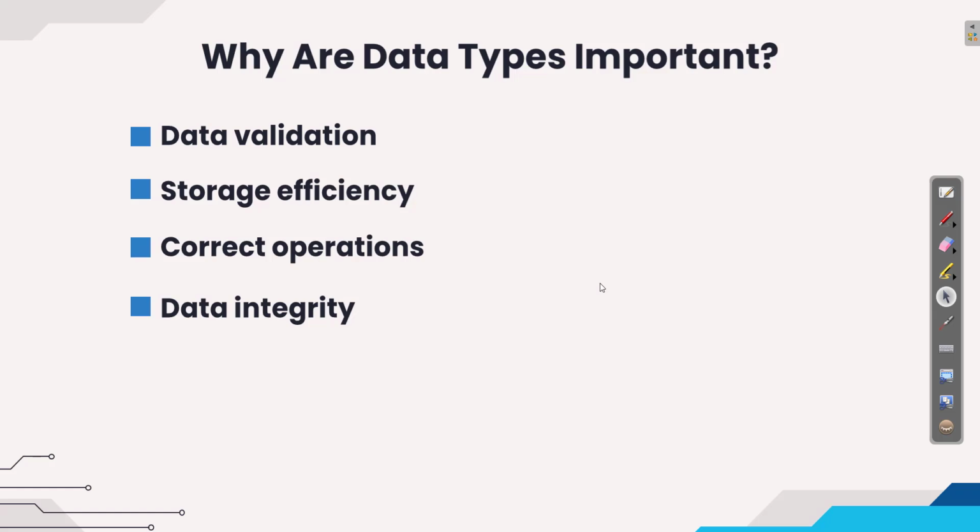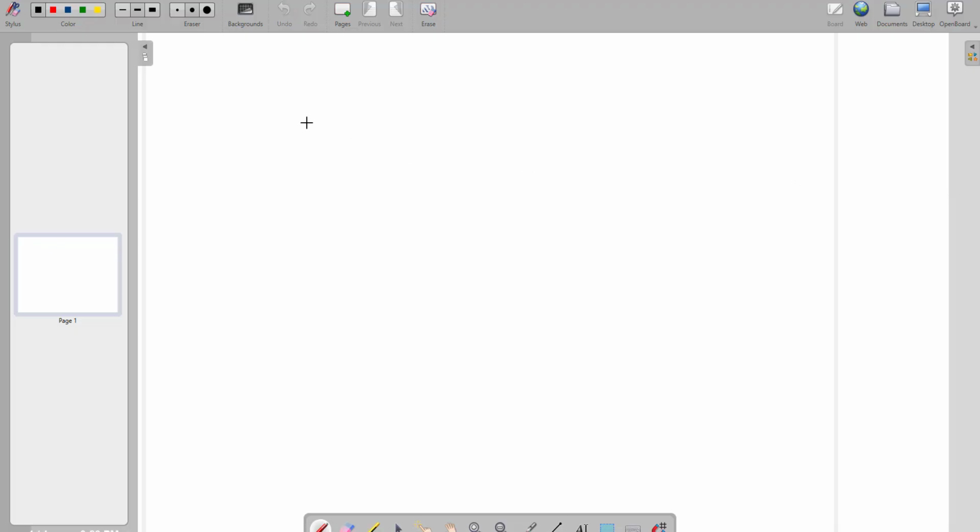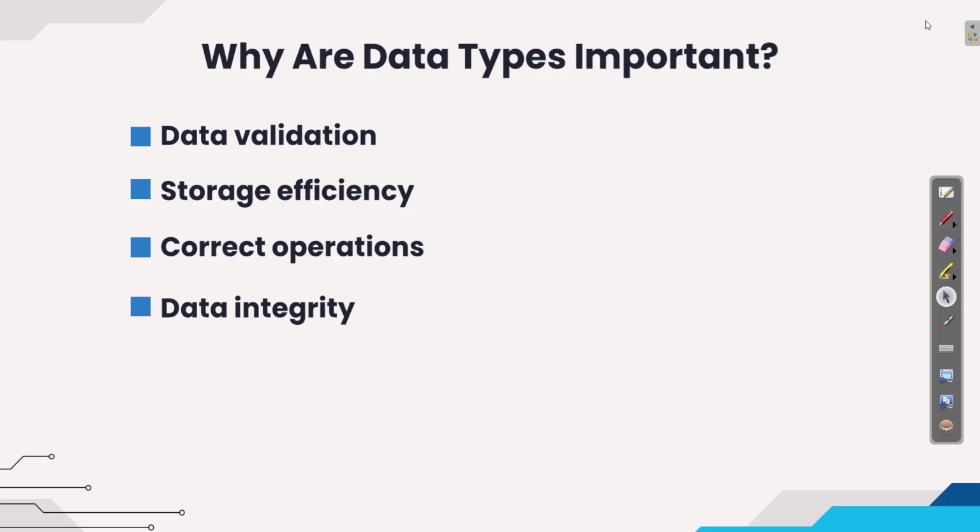For example, if we specify an age column in the user table, do we need to specify its type as integer, or as text? It is very important what type of data is stored in the age value. So it is very important from a data validation point of view.